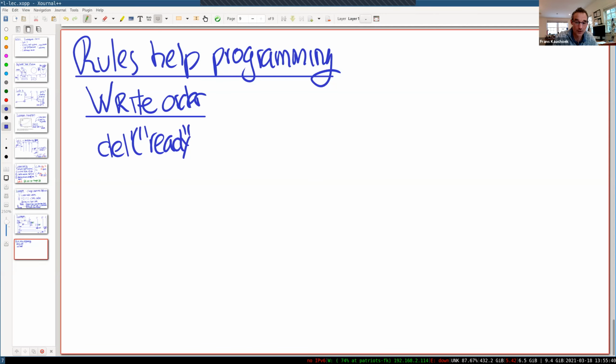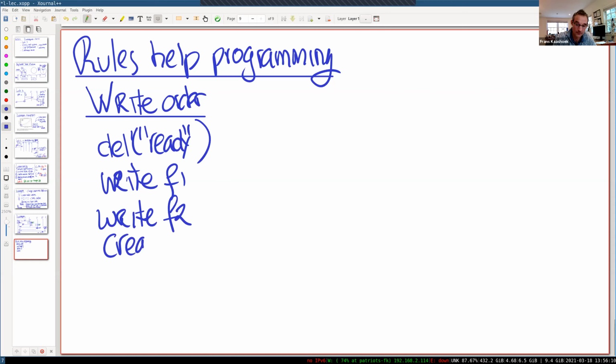So for example, this is a new master that becomes the new leader, and so it needs to write the configuration information, like who is part of the replicated state machine and who is the leader. And so it writes some configuration files: write F1, write F2, and then does a create of ready.